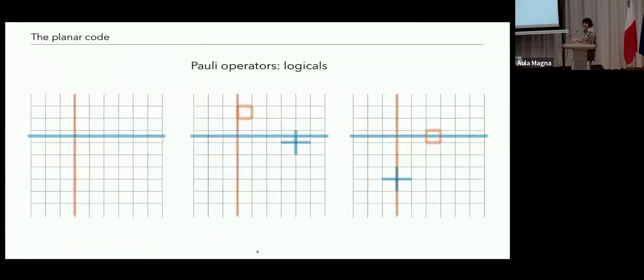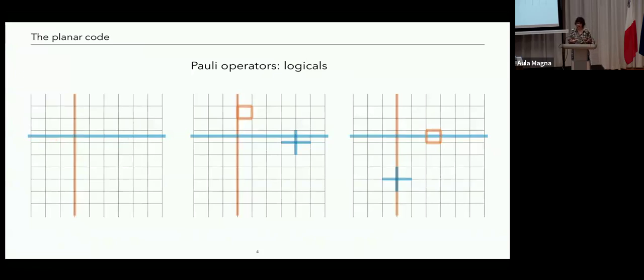And then we are gonna look for the logical operators. So we are looking for X and Z operators that anti-commute and also commute with the identity. That was the rule. So I'm gonna tell you, and we can verify that this is actually a good definition, that an operator like this, supported on these vertical edges of Z, acts as a Z operator together with an X operator that is supported on these edges in a transversal way.